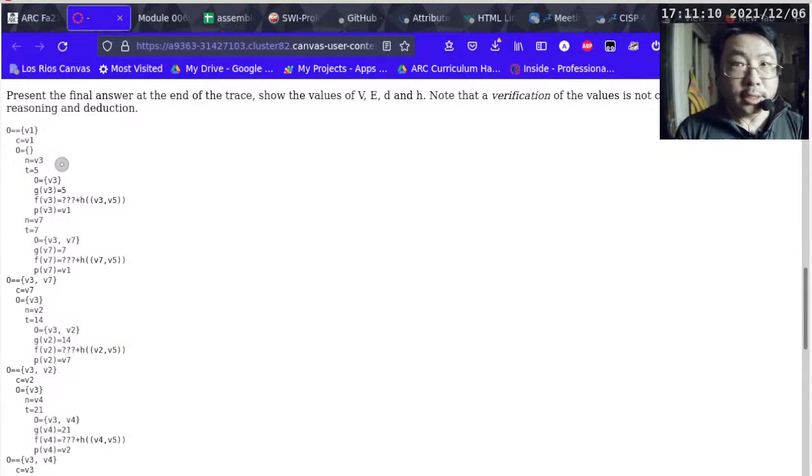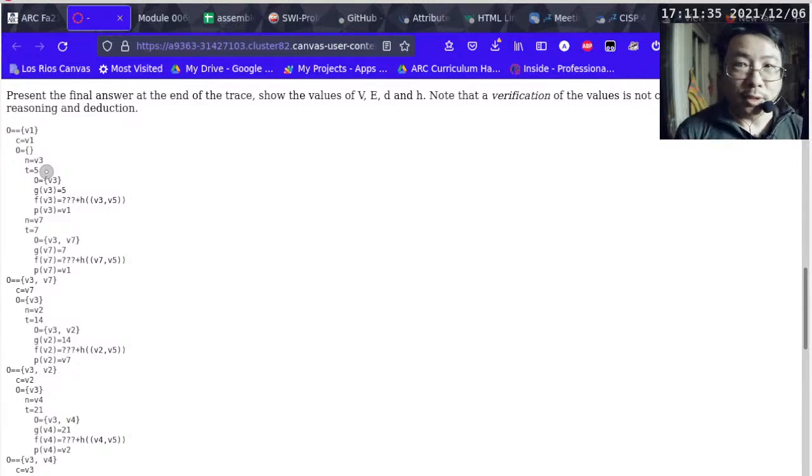Now this is the A star algorithm, so we have to look at outgoing edges from whatever vertex we have chosen from O. So we look at the first edge, V1, V3, and then the value of local variable t is updated to 5. Now, you kind of have to look at the algorithm itself to find out why it is 5, right? Because there's a reason why t has a value of 5.